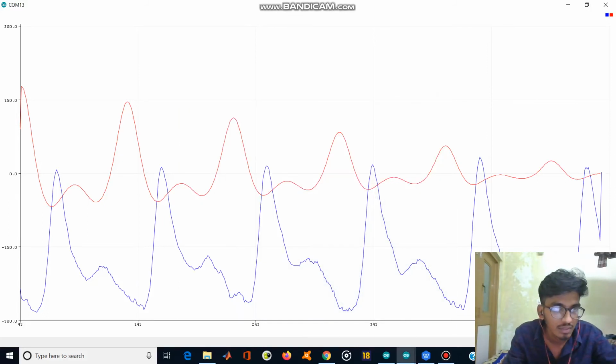See here, this is the first zero crossing point, and from here to here is the maximum location. So by adding the zero crossing point distance and this local maximum, we will get the time period.